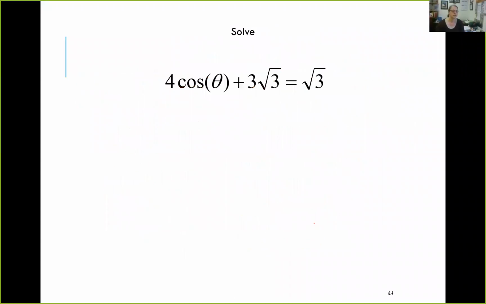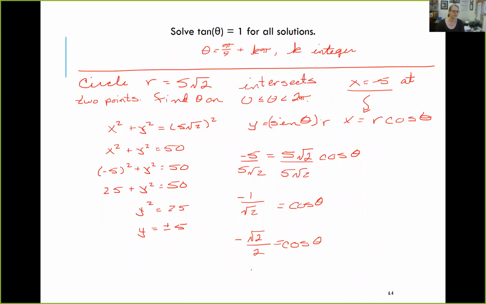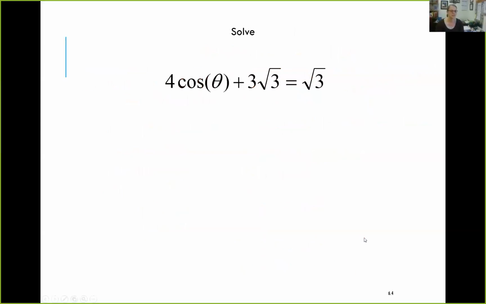And what we know is my angles are 3 pi over 4 and 5 pi over 4. Okay, so the unit circle is your friend. It pays to understand it. It will simplify your life.